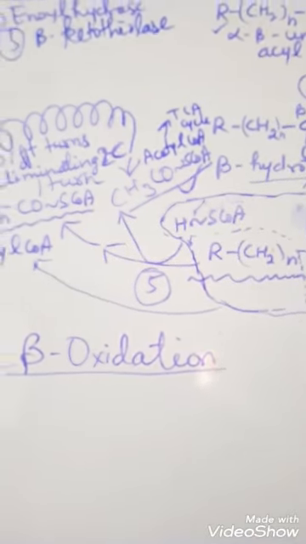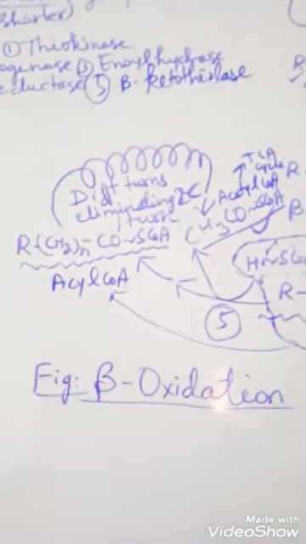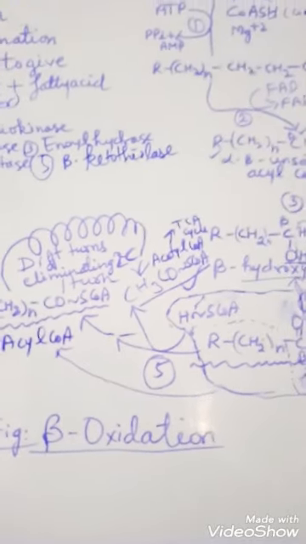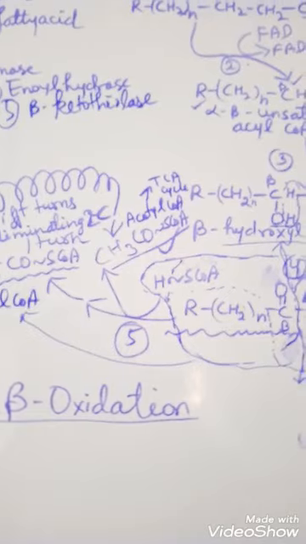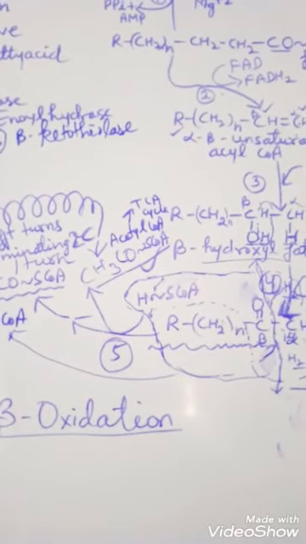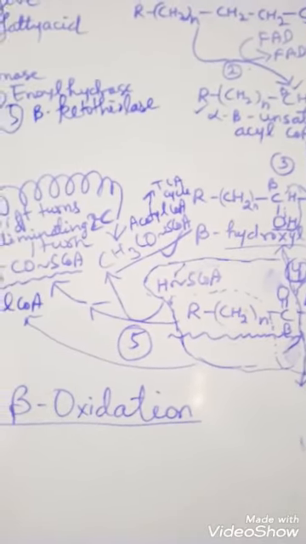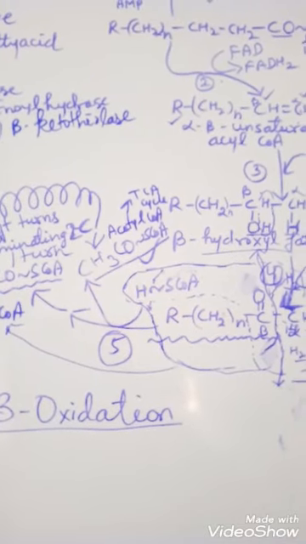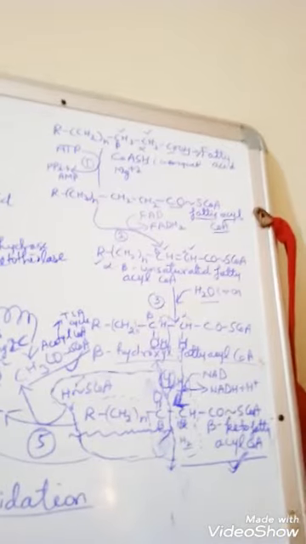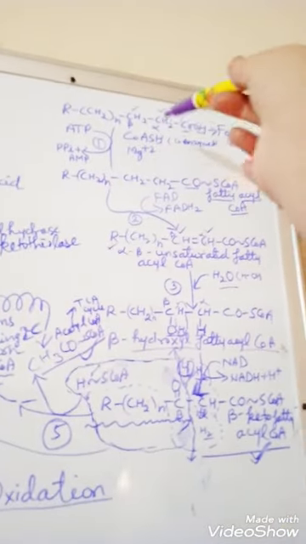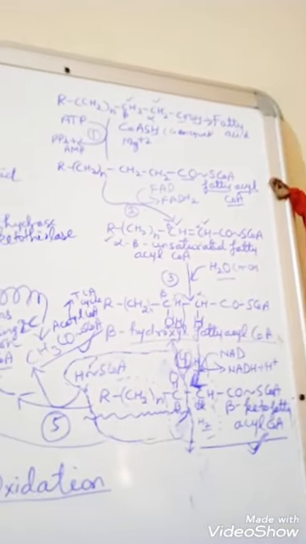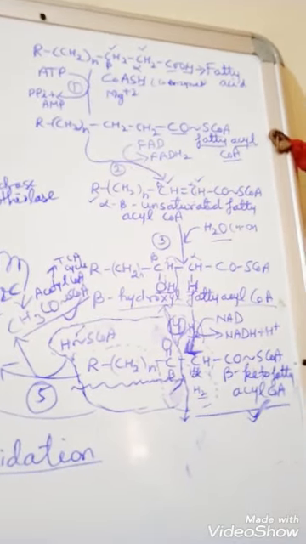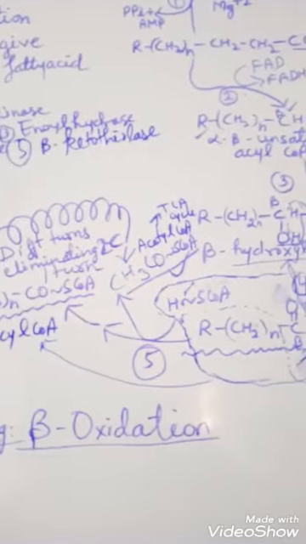The event continues, up to the conversion of the fatty acid completely into acetyl units. Suppose there is an 18 carbon fatty acid before the first step; that will ultimately give 9 acetyl coenzyme A.